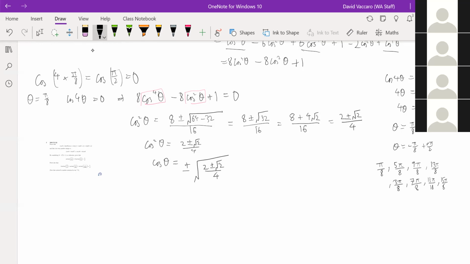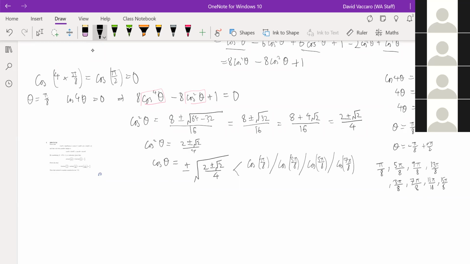So these don't give me different values. So these four roots correspond to cos pi over 8, cos 3 pi over 8, cos 5 pi over 8, and cos 7 pi over 8.